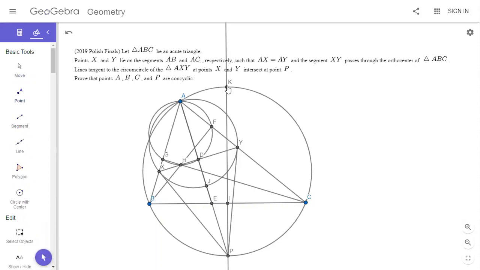If we let K be the midpoint of arc BAC, then basically we want to show that AXJY is similar to KBPC. But we know triangle AXY is similar to triangle KBC.